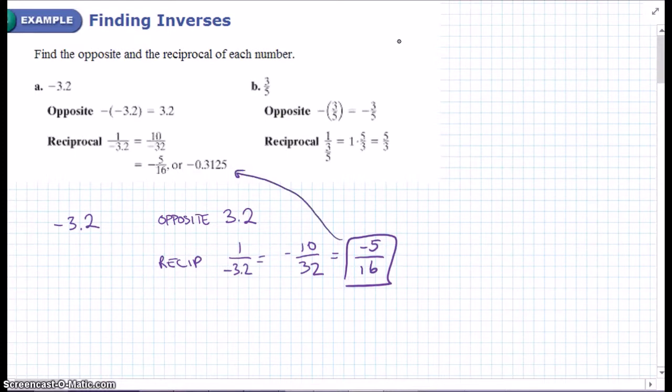Okay, B, 3/5. So, what is the opposite of 3/5? Negative 3/5. What's the reciprocal of 3/5? Just flip it, right? Remember, reciprocal, 5 over 3. Easy stuff.